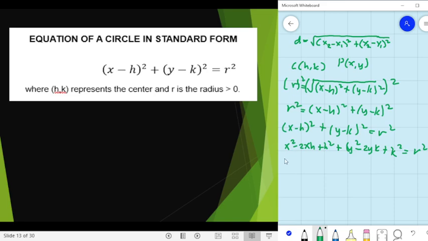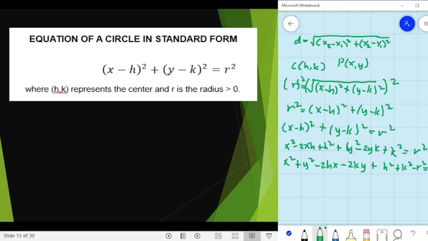So, kung ato ni i-arrange, we have x squared plus y squared minus 2hx minus 2ky plus h squared plus k squared minus r squared equals 0.